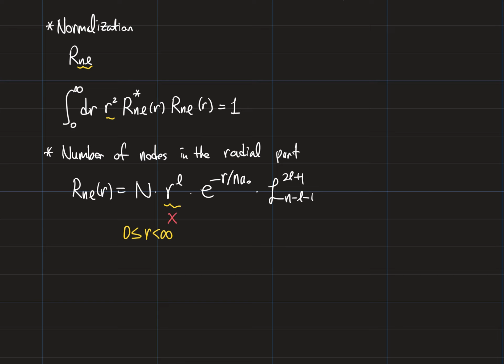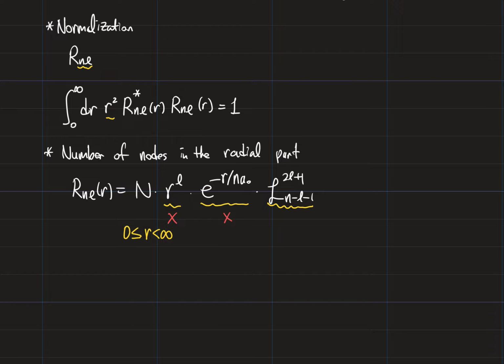And what about the exponential function? This is a decaying function, but an exponential function can never be 0. Even though it approaches 0 very fast, it is still not 0, right? So there is no node here, and that means the only possibility for this function to be 0 is the Laguerre function.